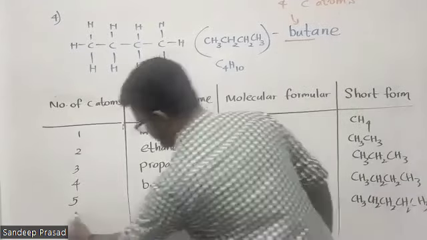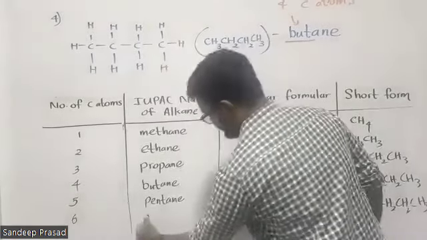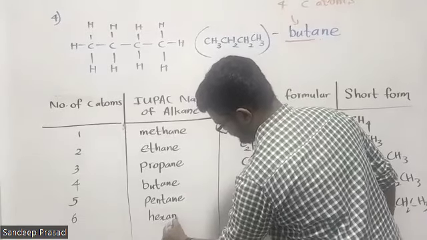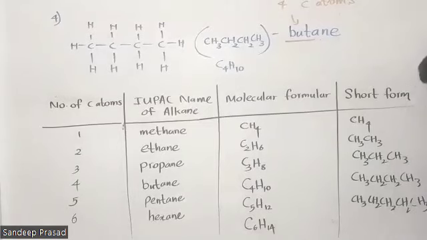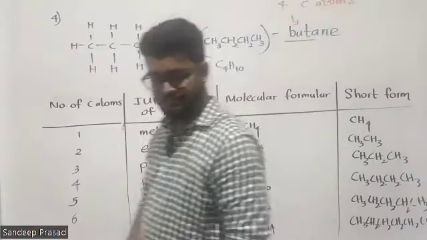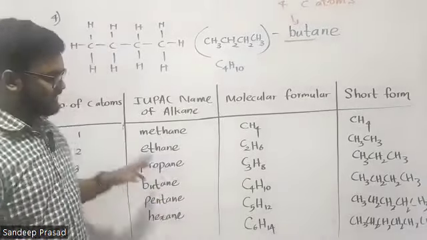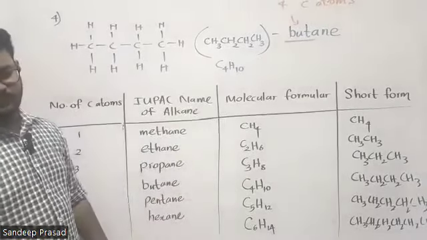Last one. 6 is enough, huh? Hexane, C6H14. CH3, CH2, CH2, CH2, CH2, in this way. Can you understand? This is the way that we are writing the alkanes.